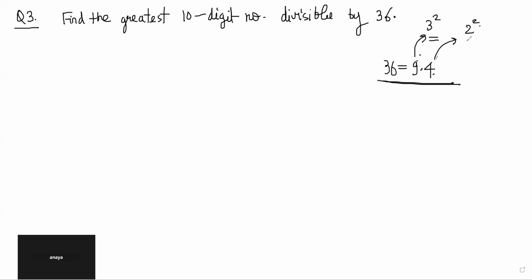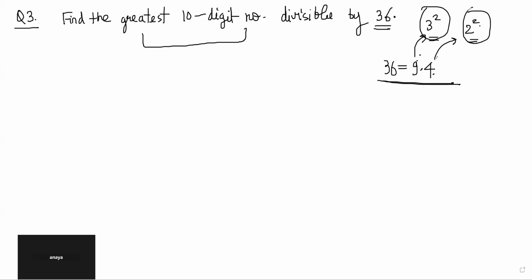So the number has to be divisible by 3 square and 2 square, right? So we have to find the greatest possible number that is divisible by both 9 and 4, right?